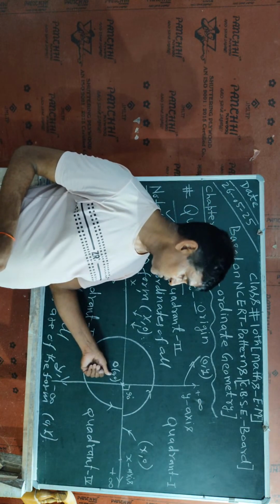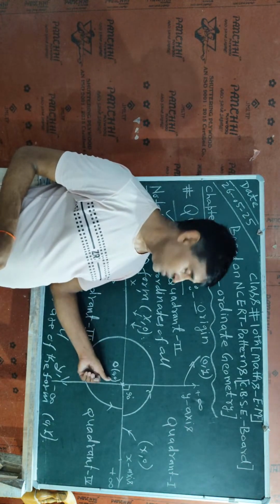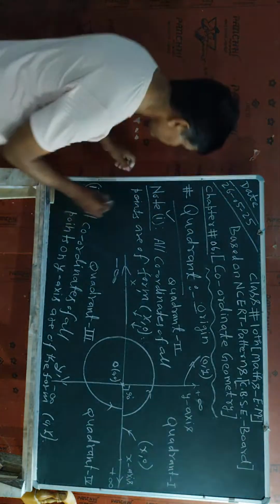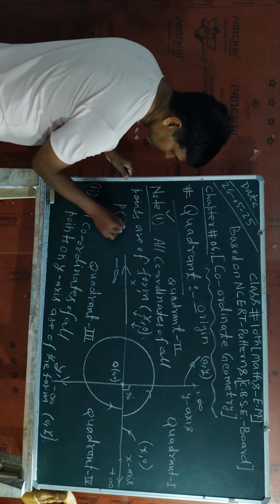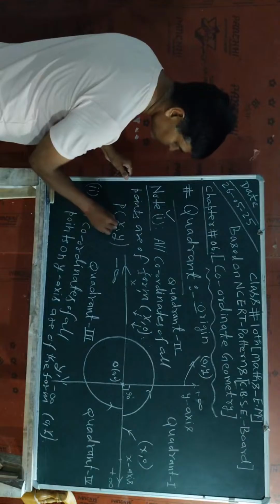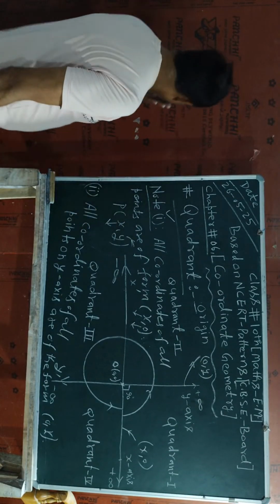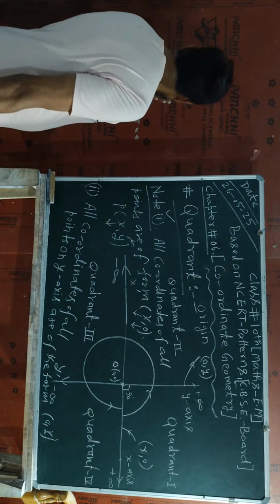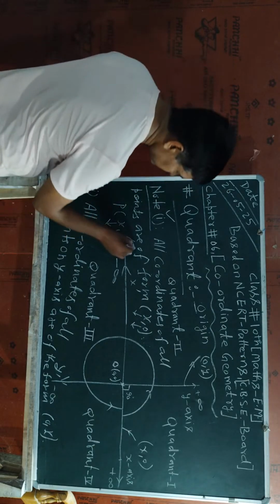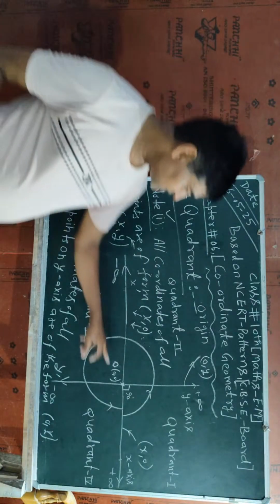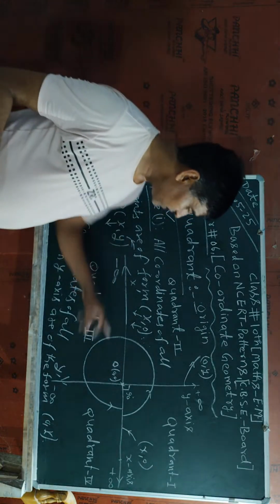The first value is x and the second value is y, because any point is written in the form P(x, y). Here x is the abscissa and y is the ordinate. So here the value of x is 0 and the value of y is also 0.